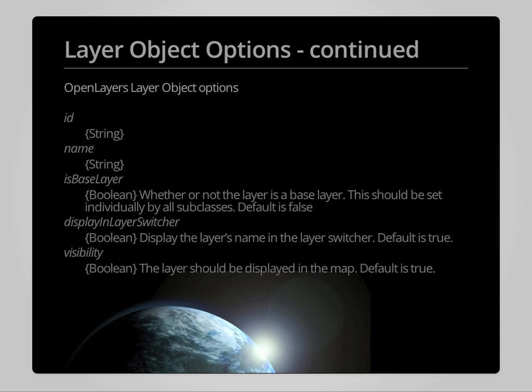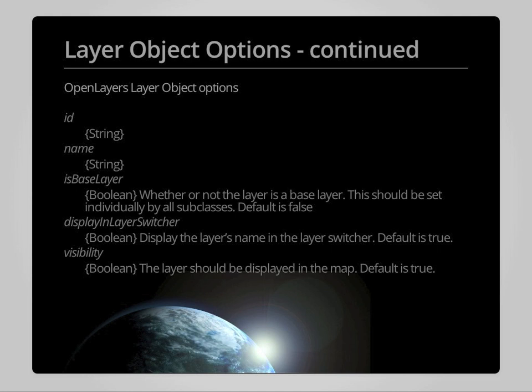Some of the OpenLayers object options that may be of interest to you as you're creating new layer objects include providing an ID for the layer itself, which if you're writing JavaScript code, you can then access these layer objects by ID. The name is another way of representing the name that you're assigning to the object.